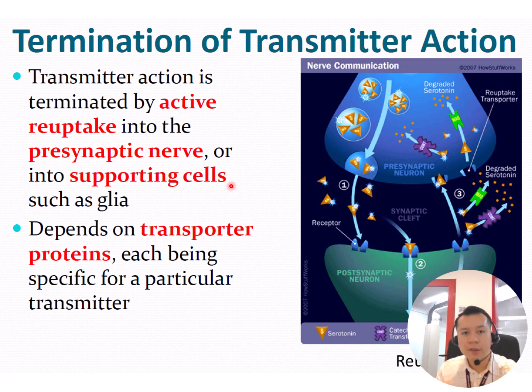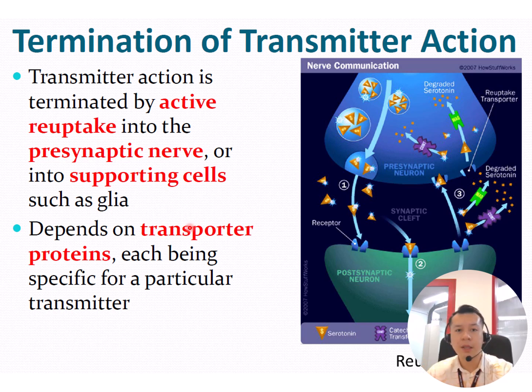The transmitter is actively transported back into the presynaptic neurons, or occasionally the glial cells, by using very highly specific transporter proteins. It's kind of like a vacuum system that sucks the signal back in so the dopamine or serotonin can be reused, or they're able to be degraded as well.